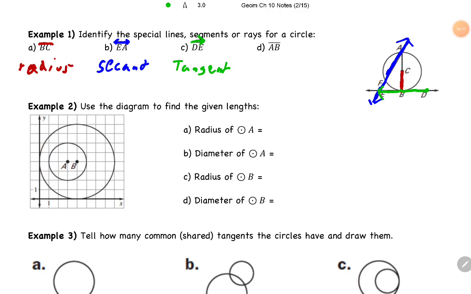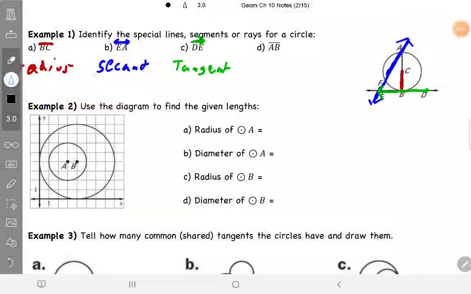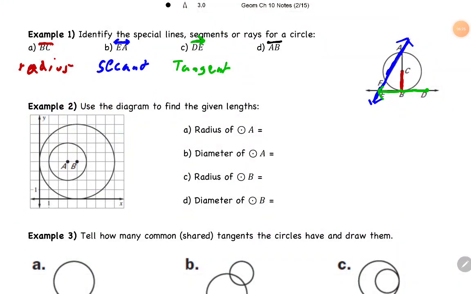And then the segment AB, I guess we'll just use black. AB is a special chord known as the diameter because it goes through the center.